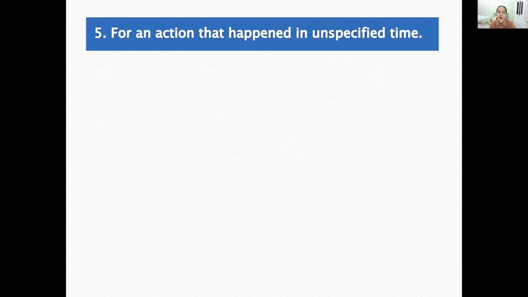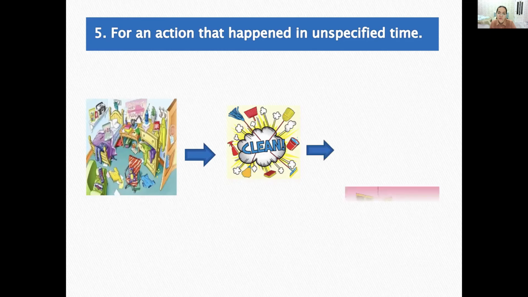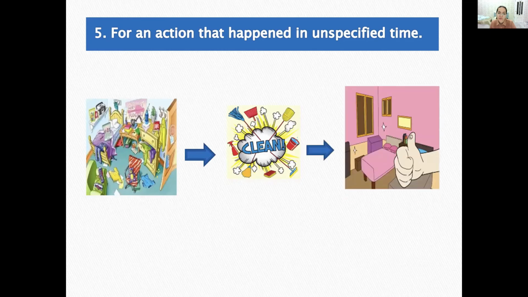Usage number 5, for an action that happened at an unspecified time. Here is a picture. What do you think? What kind of sentence should be here? The children have tidied their room. Right, so it was a mess in the room.